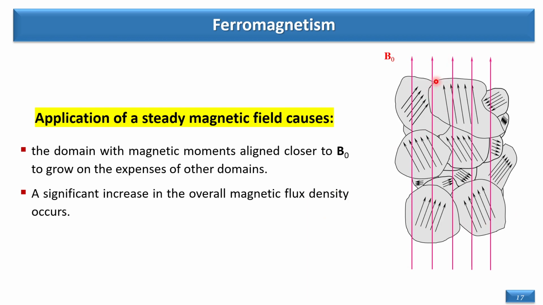When you apply an external magnetic field, the domains that are close in orientation to the applied magnetic field will grow, and the others that are in different directions, far from the applied magnetic field, will shrink.